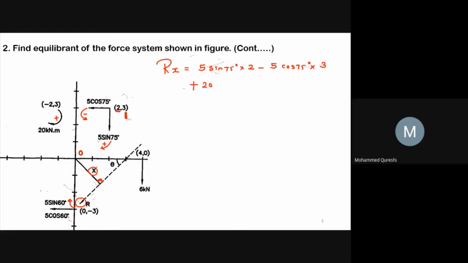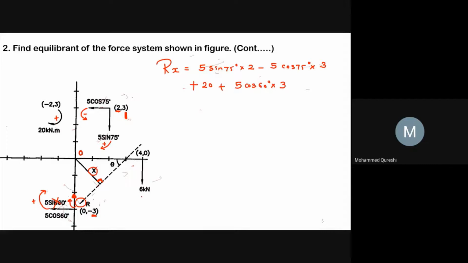Then 5 sine 60 will be here, so it will having the same line of action, hence this will be eliminated. Now we will go for 5 cos 60, and 5 cos 60 move towards point A in clockwise direction, hence it will be plus, so plus 5 cos 60 degree into this horizontal force will makes the perpendicular distance with respect to y-axis, that is 3. So 5 cos 60 into 3.